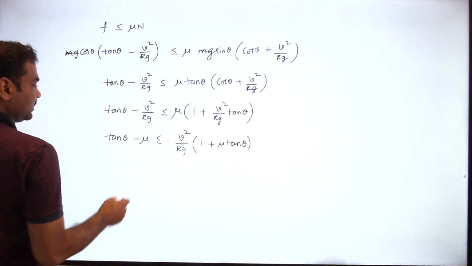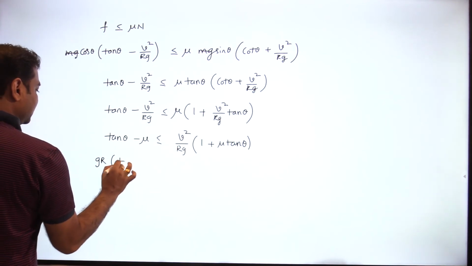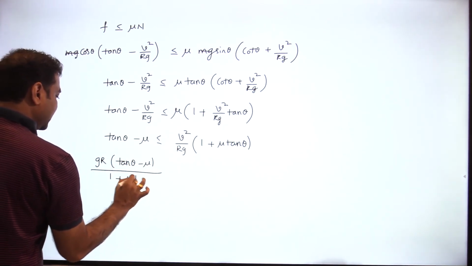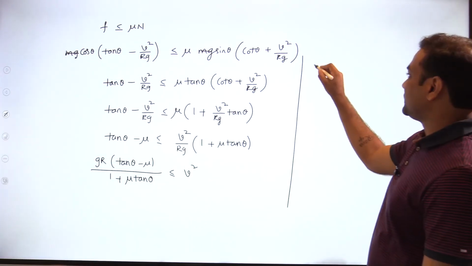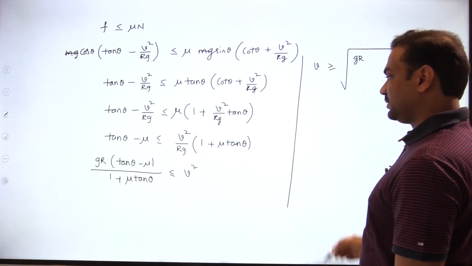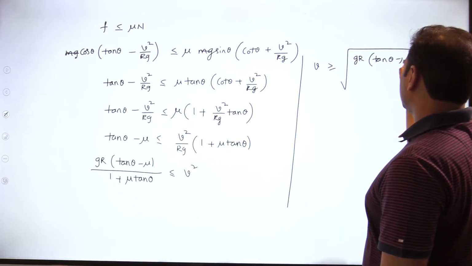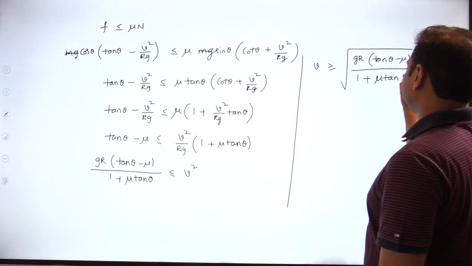Then what is the equation I can write down? gr into (tan theta minus mu by 1 plus mu tan theta) is less than or equal to v square. That means v should be greater than or equal to under root gr into (tan theta minus mu by 1 plus mu tan theta).